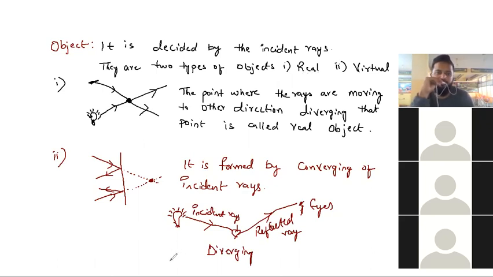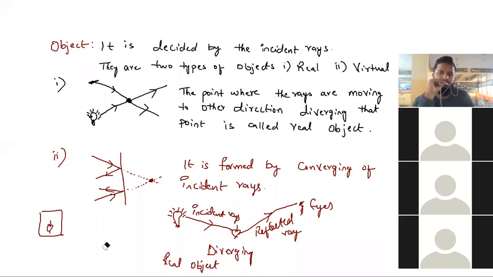Now second, if I take the example of a mirror: when you come in front of the mirror, if you take an apple in front of the mirror, then only you can see the apple in the mirror. If I move the apple away from here, can you see the apple in the mirror?